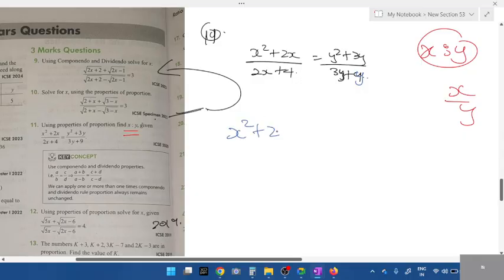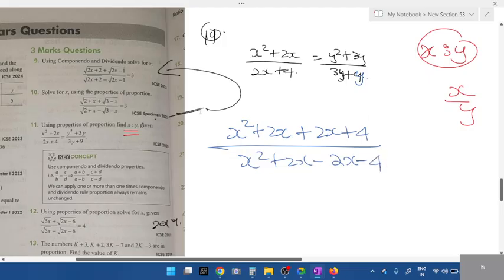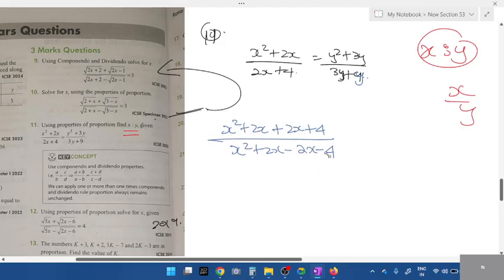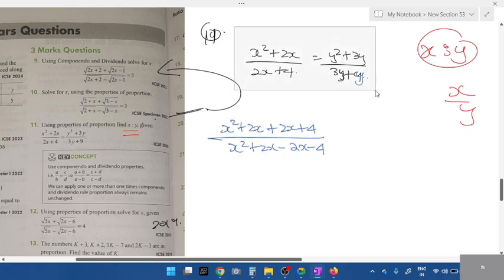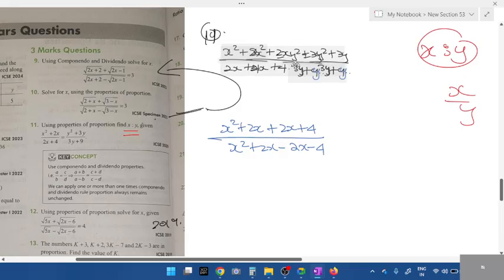Look at x square plus 2x. Add the numerator, denominator: 2x plus 4 divided by x square plus 2x, subtract minus 2x minus 4. And one more thing, you can apply component of dividendo once, twice, thrice, multiple times in same question.